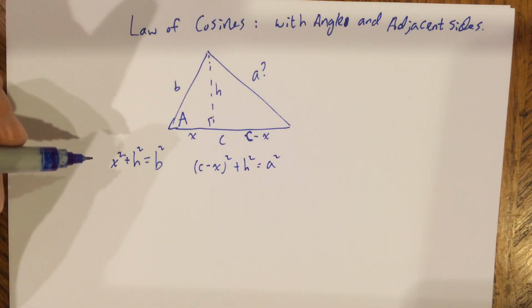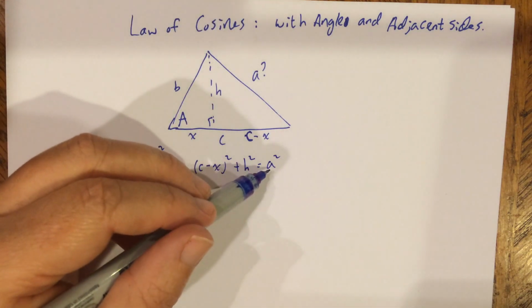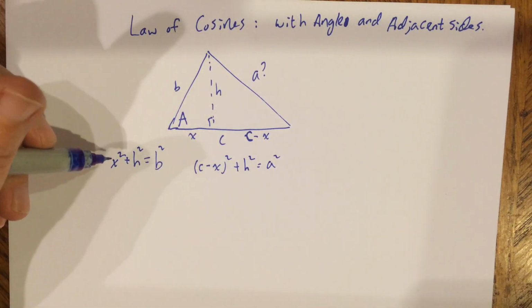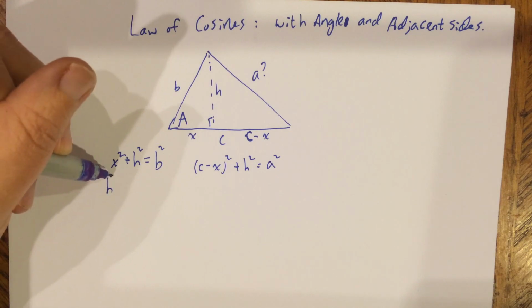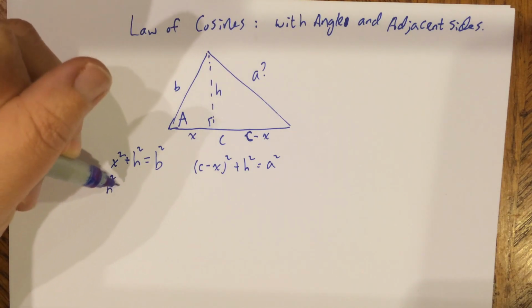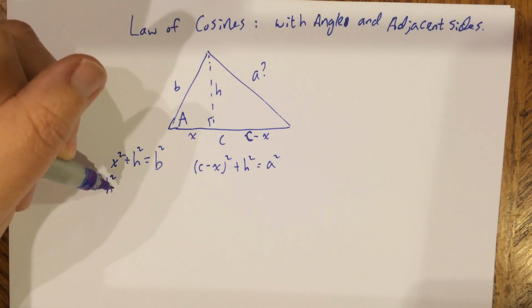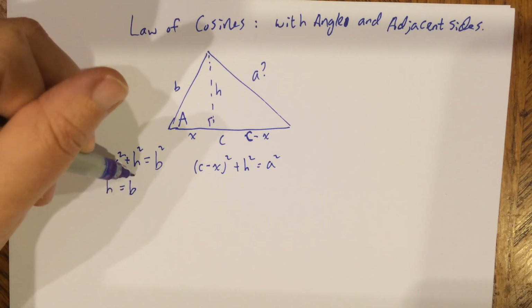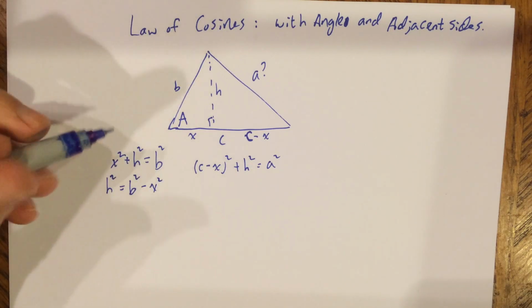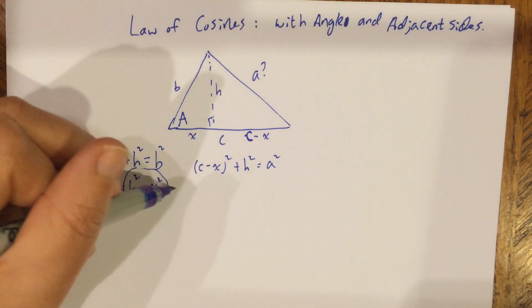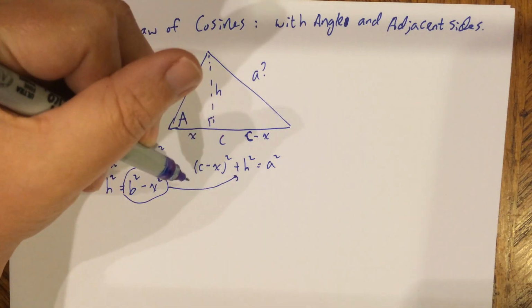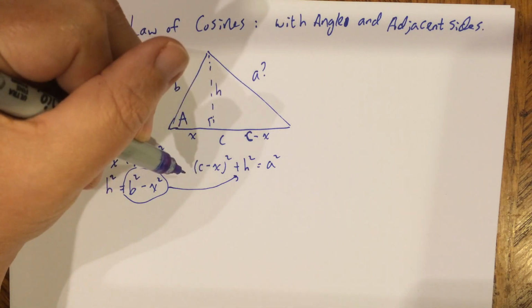Okay, well, again, I'm trying to figure out what that a is, so I'm just going to keep that over there. X and h I kind of put in there. So let's solve for at least one of them, and I'll solve for h real quick. So h squared equals b squared minus x squared. Well, over here's an h squared, so I should be able to just sub this into here. And while I'm doing that, I might as well FOIL out c minus x.